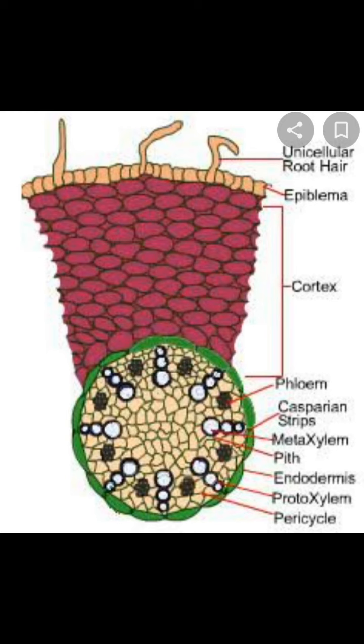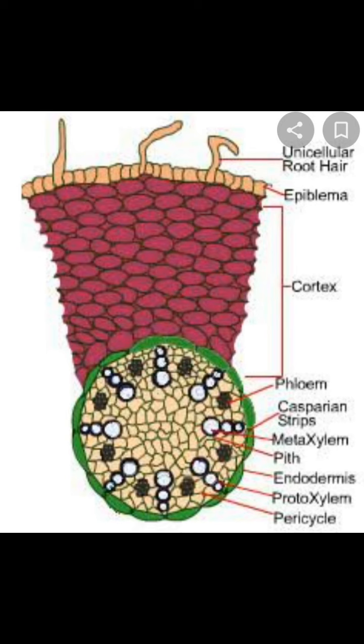Let's take rice, Oryza sativa, or maize, or wheat. These all belong to monocots, which have fibrous roots. If you see the monocotyledon's fibrous root transverse section, it has some specific anatomical characteristics. Then students, let's see what those are.